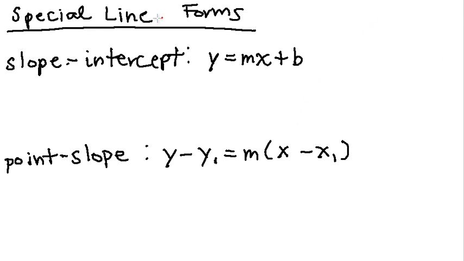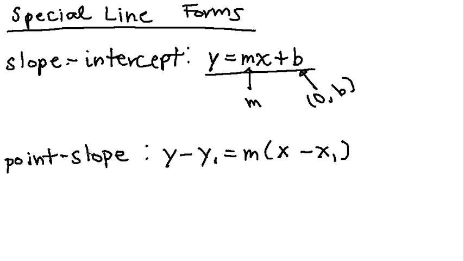These 2 special line forms are called the slope-intercept and the point-slope form. The slope-intercept form is called exactly that because it immediately tells us the slope and the y-intercept. In this equation, the slope of the line is m, and the y-intercept is (0, b).